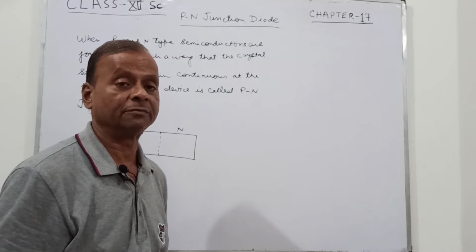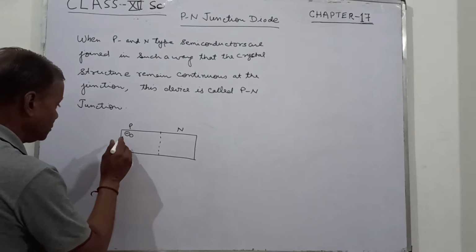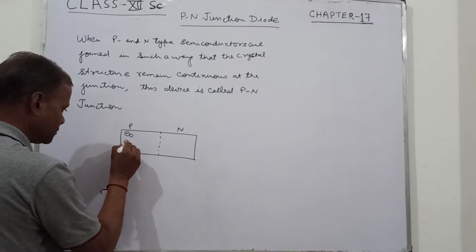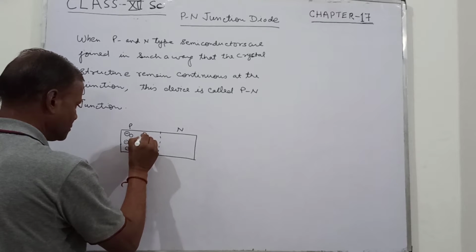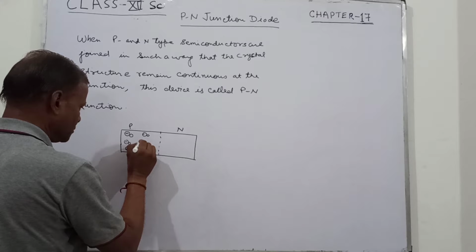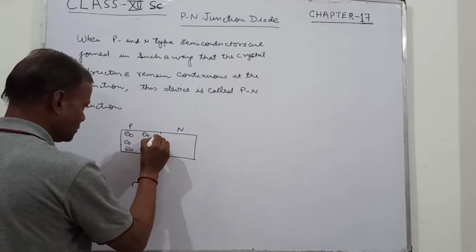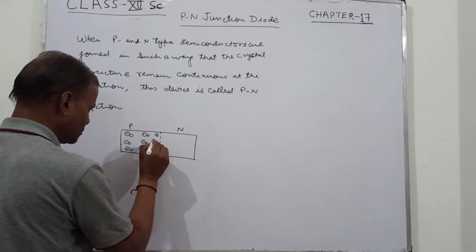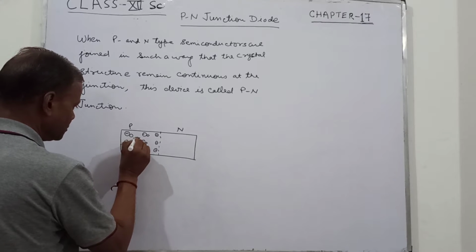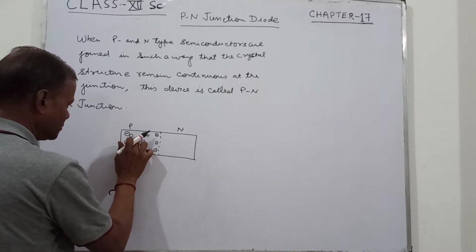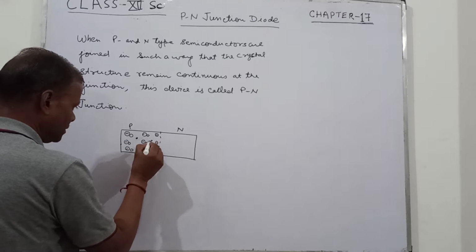So impurity atoms become negatively charged particles. Here are some electrons.